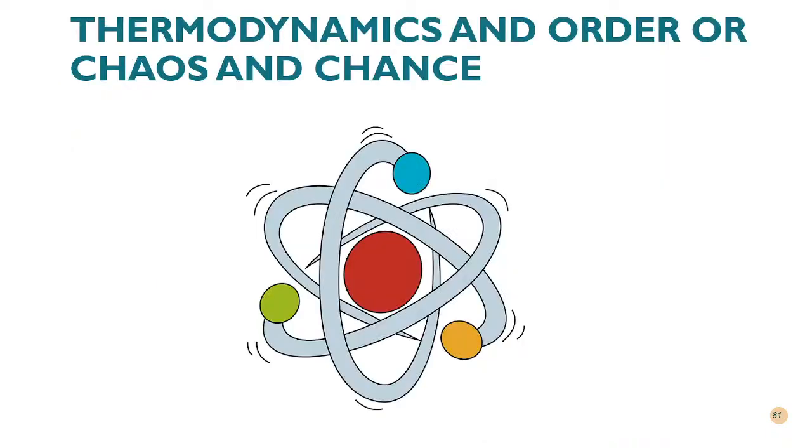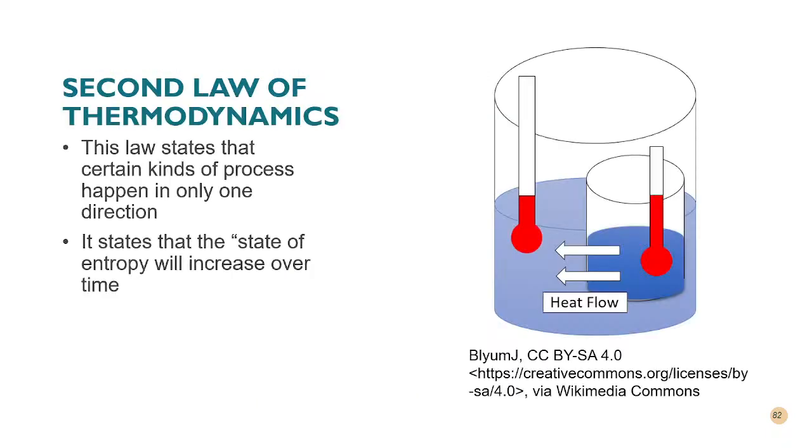Now we will finish this talk by touching upon the fine-tuning argument, which is based a lot on scientific constants, but also on the second law of thermodynamics, and chaos and chance. The second law of thermodynamics states that certain kinds of processes happen in only one direction.